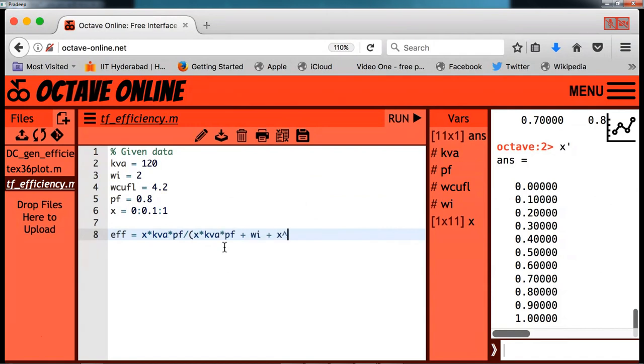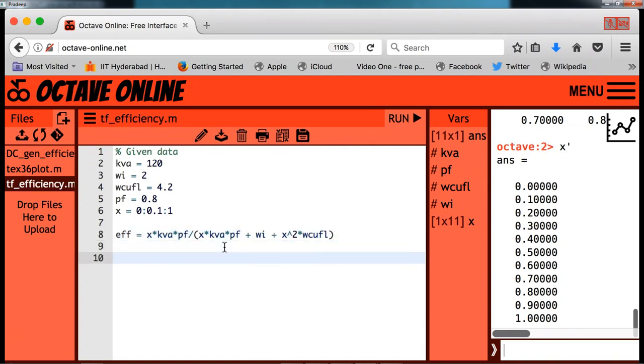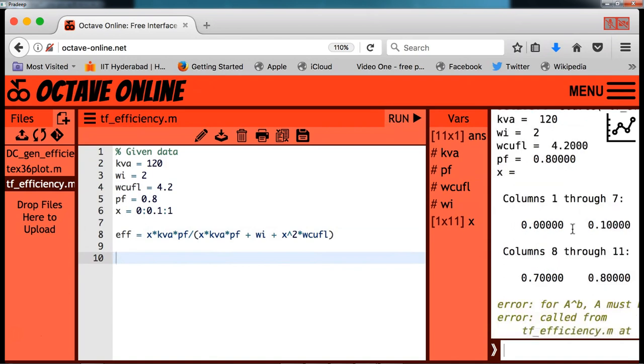But the copper losses will be multiplied by X square. Like this. So once I solve this equation, then I will be able to get the value of efficiency. So here I have to use dot star.